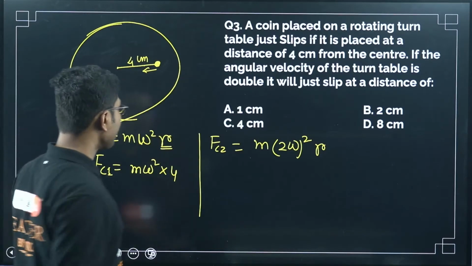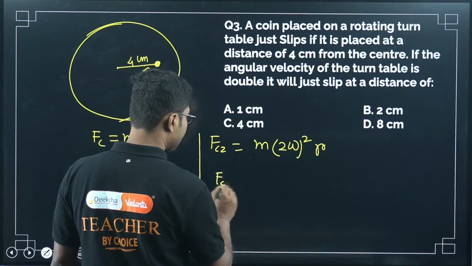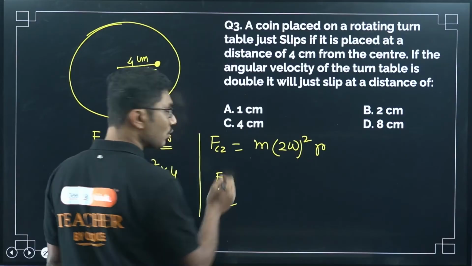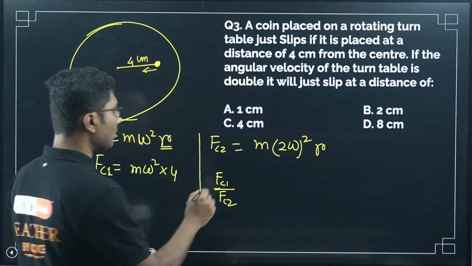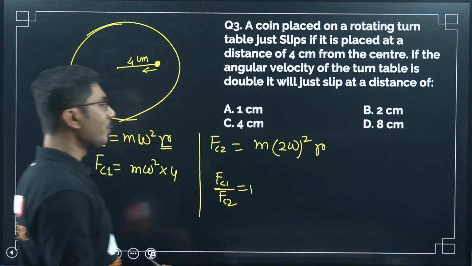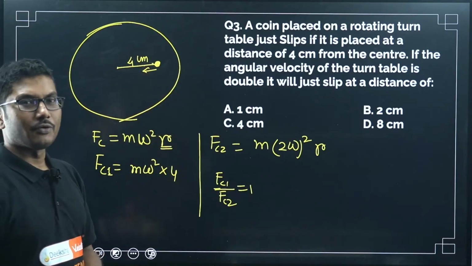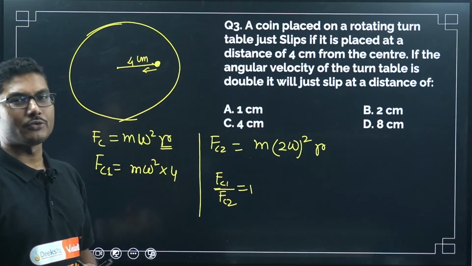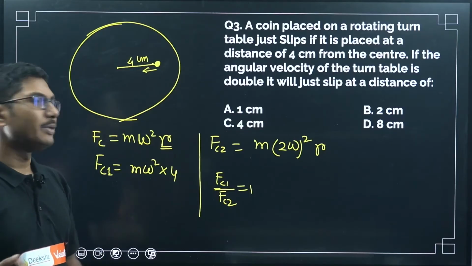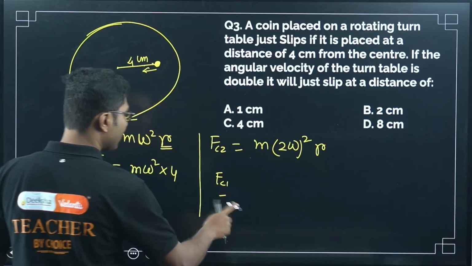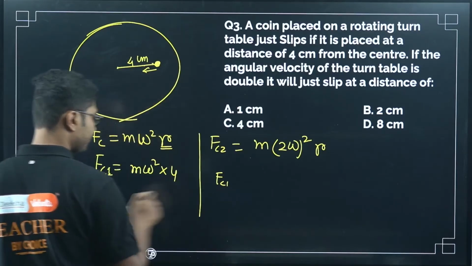Now what you have to do, you have to compare Fc1 and Fc2. They are equal, right? They are equal, because no matter where you keep this coin, the centripetal force required is coming from the force of friction, so they should be equal. Or you can write Fc1 equals Fc2, simple.